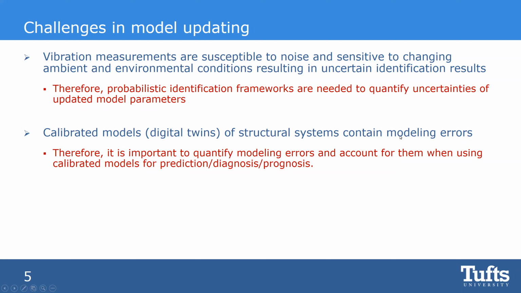So it is important to account for modeling error as well if you can. Those are the two sources that I discussed here. Basically my whole work is to quantify the uncertainties in estimations and try to quantify and account for modeling error. That's all I'm going to talk about today.